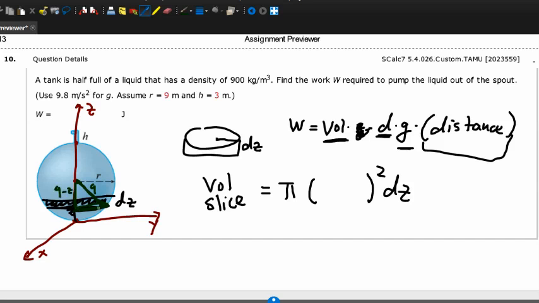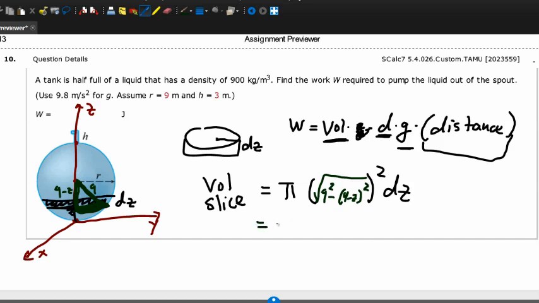So I have here the radius, and here I have a right triangle, which has 9 minus z, 9, and the rest of it. So I'm looking at this part, the radius, which will be nothing but 9 squared minus (9 minus z) squared in the square root. So inside here I will get the square root of the quantity 9 squared minus (9 minus z) squared.